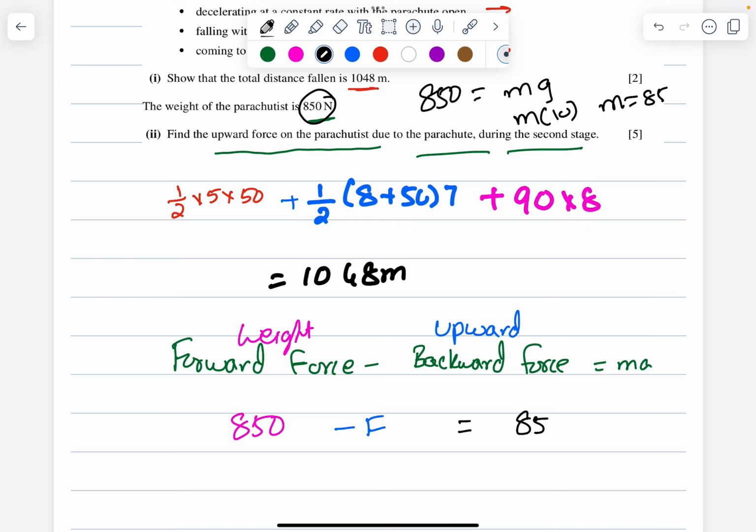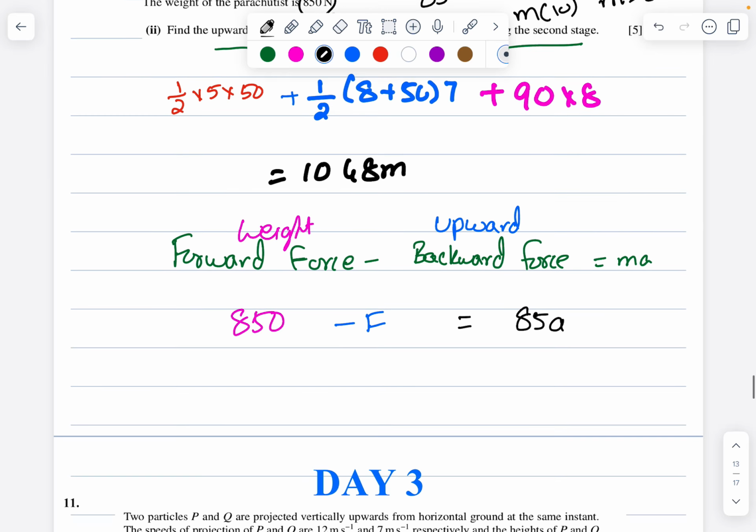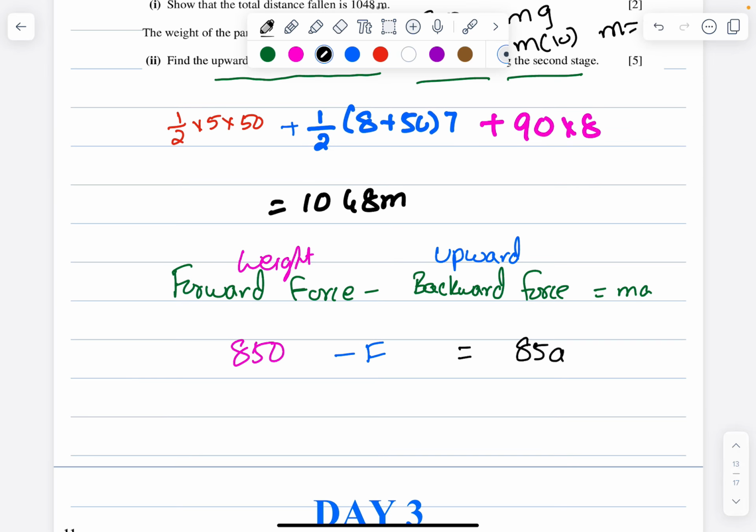So we need to calculate the acceleration. For the second stage, we need to know the deceleration. The initial velocity is 50, the final velocity is 8, and the time is 7 seconds. So v equals u plus at. So 8 equals 50 plus a times 7.